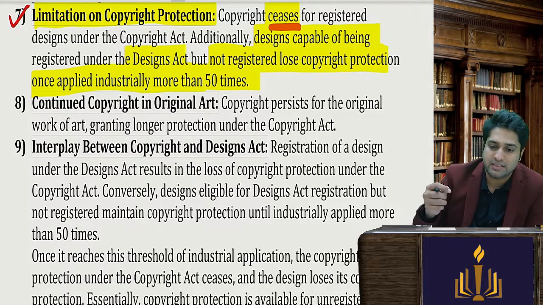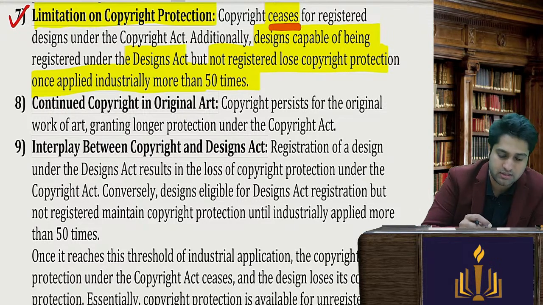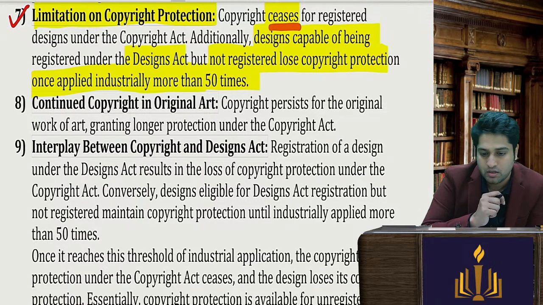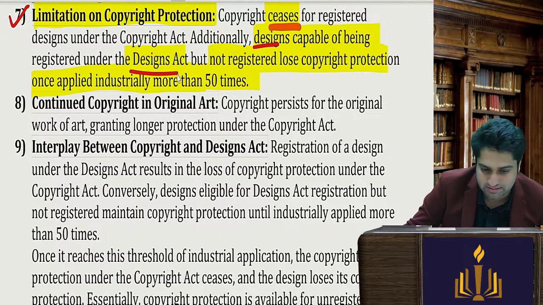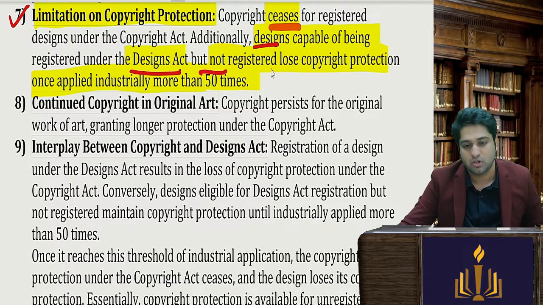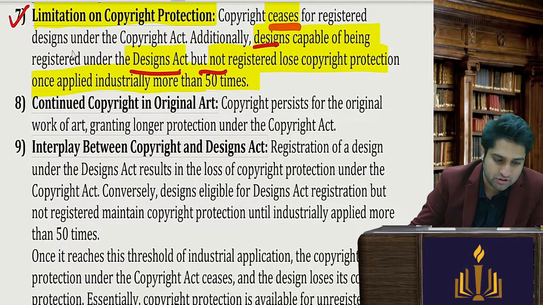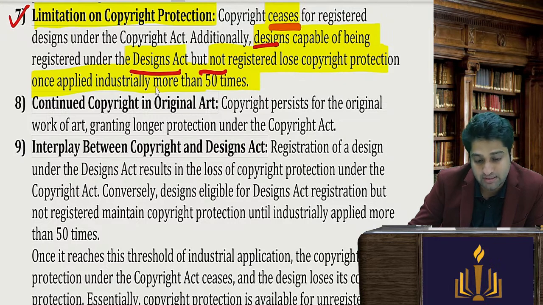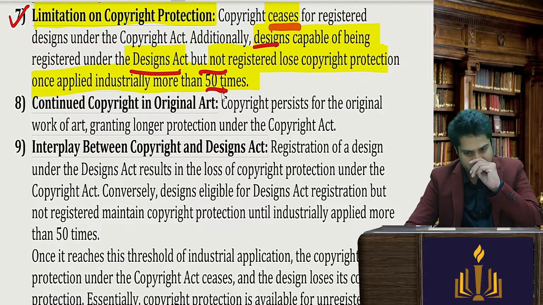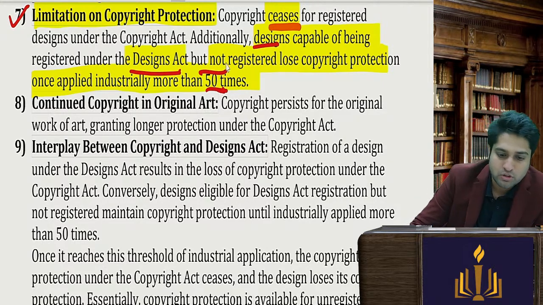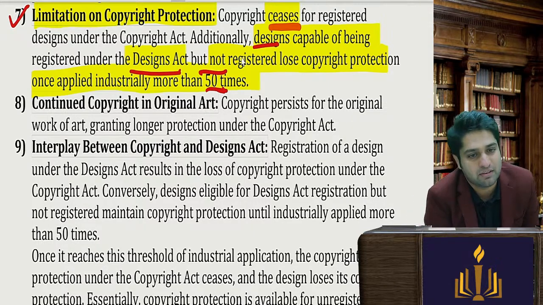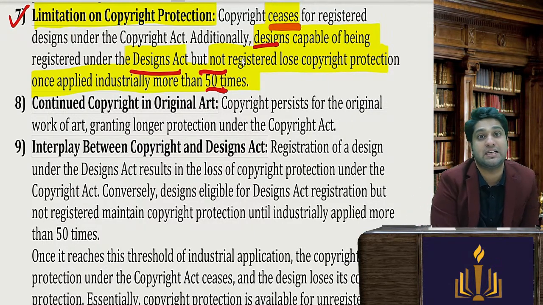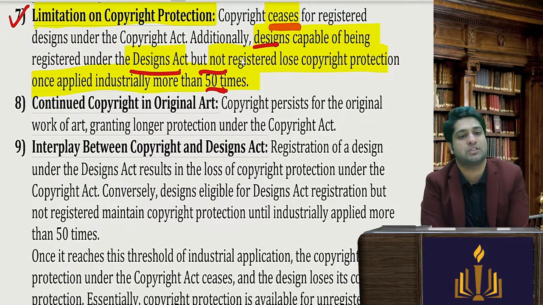Additionally, a design capable of being registered under the Designs Act but not registered loses copyright protection once industrially applied more than 50 times. So up to 50 times copyright protection can be given, but beyond 50 times it's an industrial application, and you have to get it registered under the Designs Act.